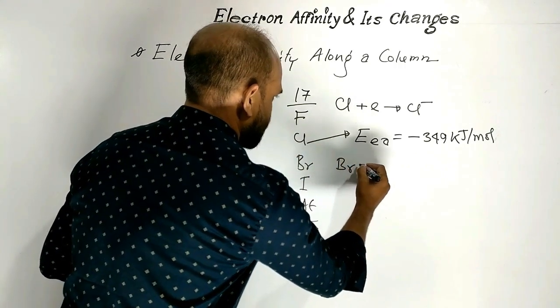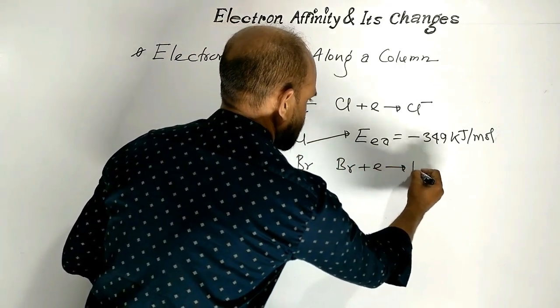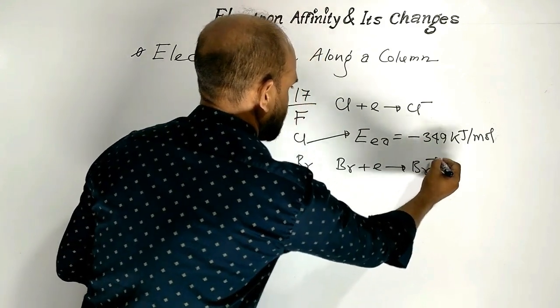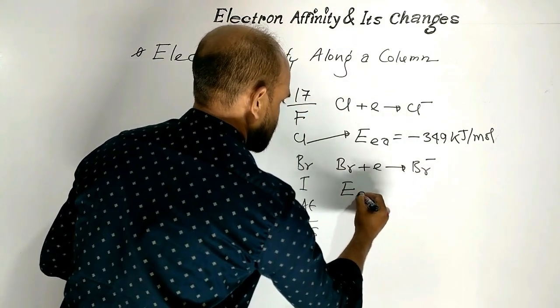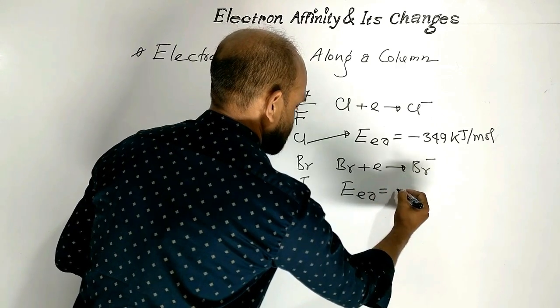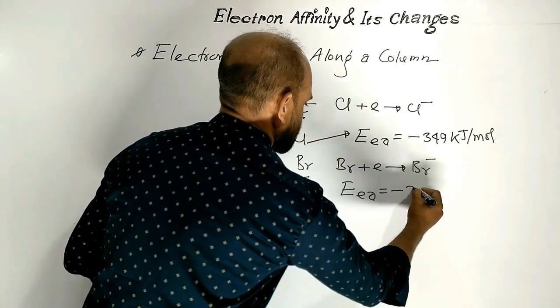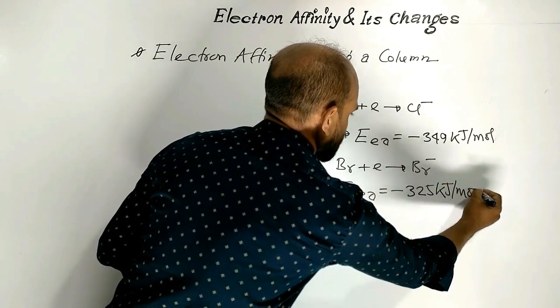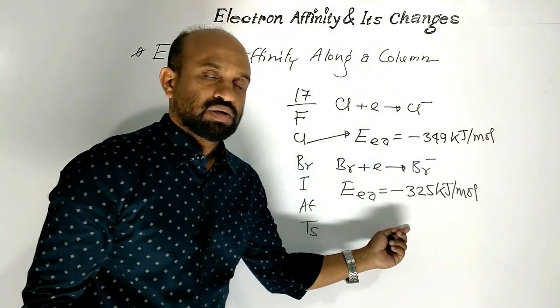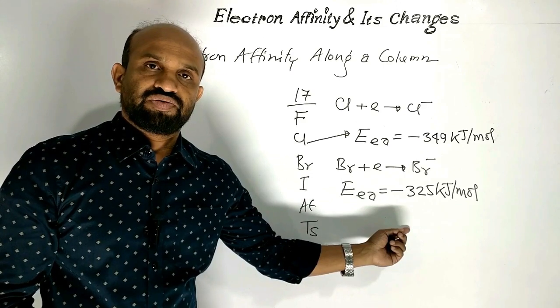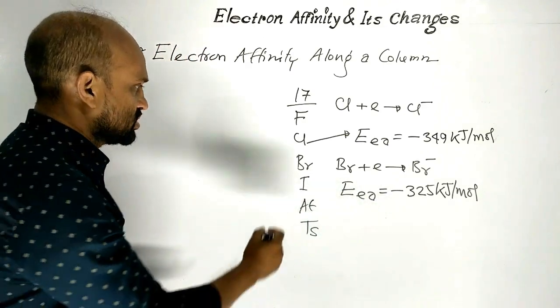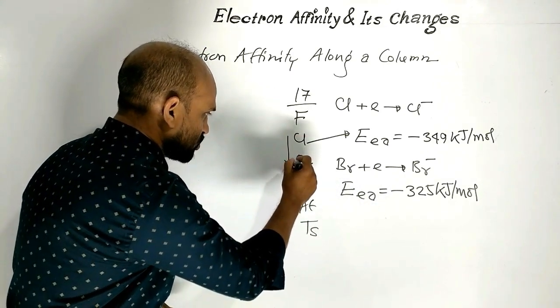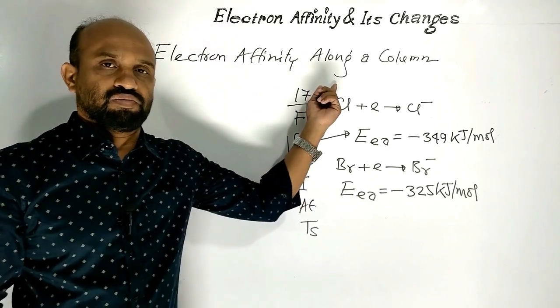The electron affinity of bromine, forming the bromide ion, is minus 325 kilojoule per mole. That is, electron affinity decreases from top to bottom along a column.